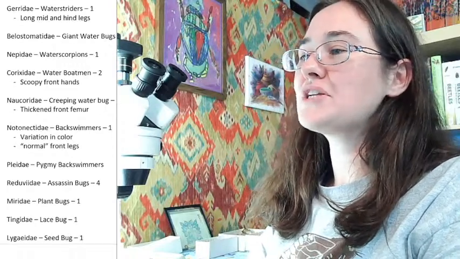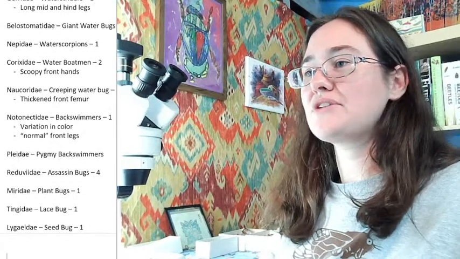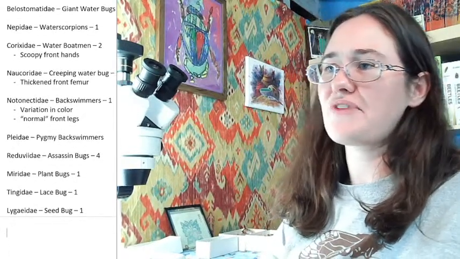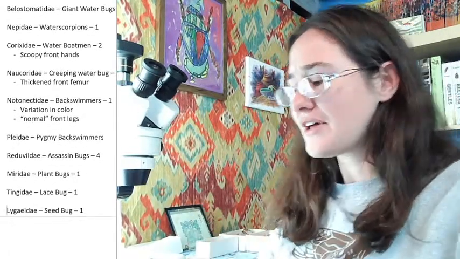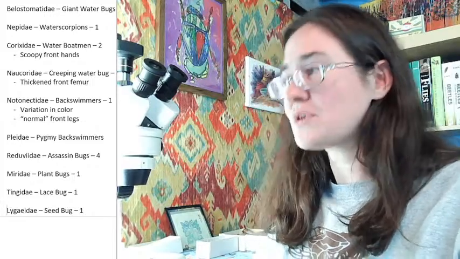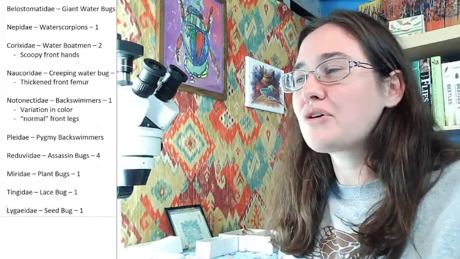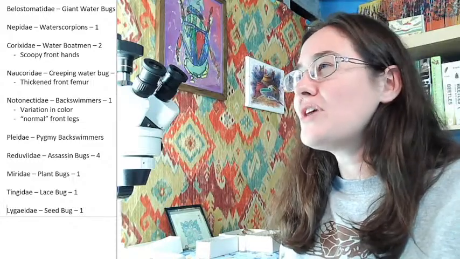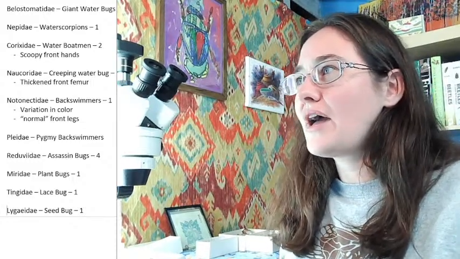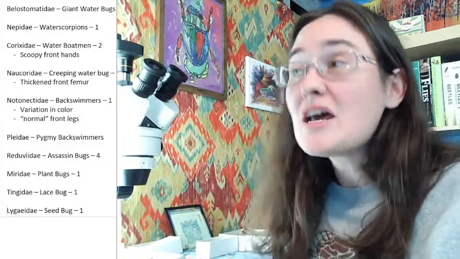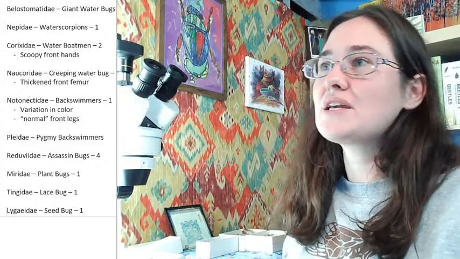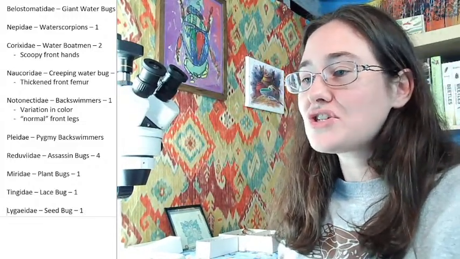So something I wanted to bring up as we were chatting about hemipterans and families of orders. The last time we were chatting, we talked about the order Orthoptera, right? And we only had about 5 or 6 families, but there were a lot of specimens in each family.